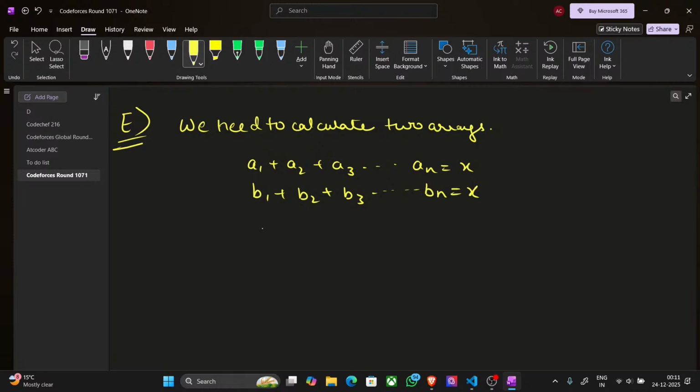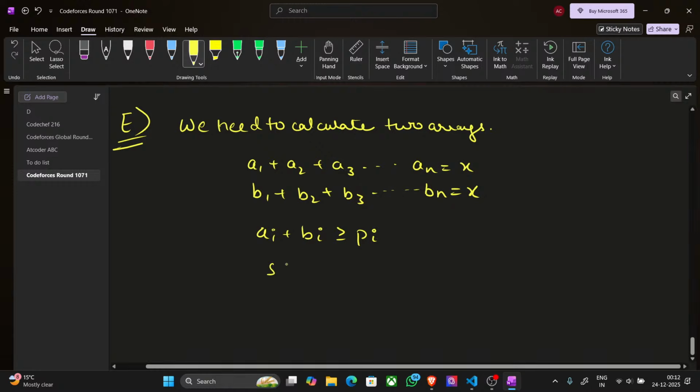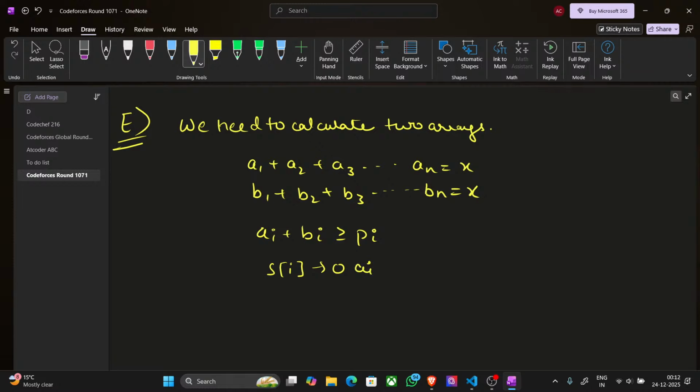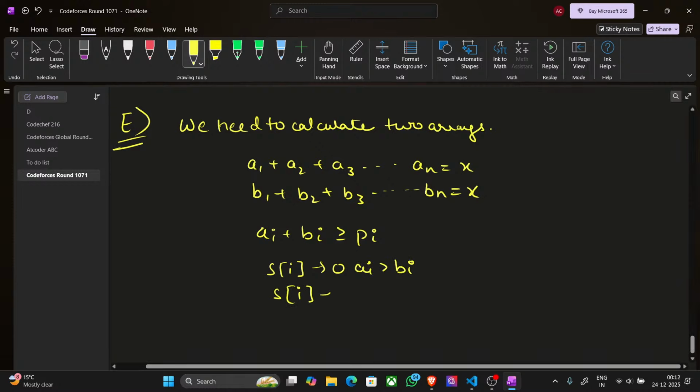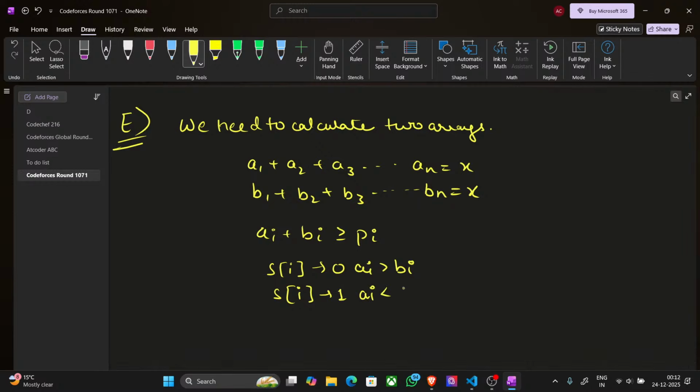And for each i, ai plus bi must be greater than or equal to pi. They cannot be less than pi. And if si is 0, then ai must be greater than bi. If si is 1, then bi must be greater than ai.